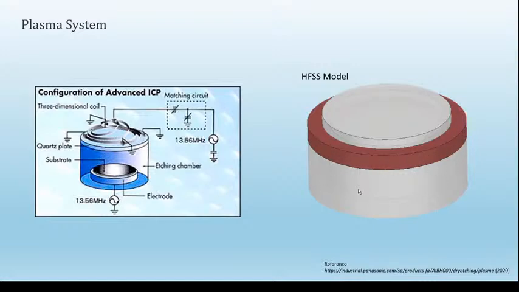At the bottom, I have a vacuum chamber. Then I have an RF coil, and below the RF coil is the quartz glass, as you can see here. Next, I'm going to jump into the HFSS model.